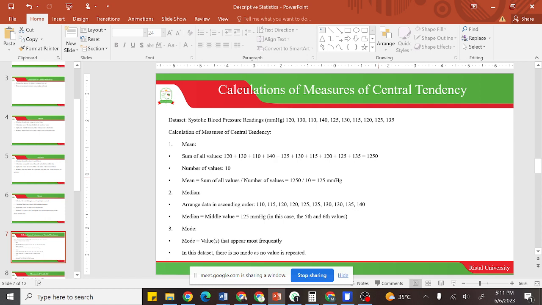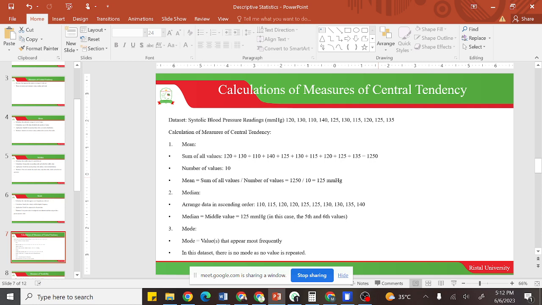With that data set, you can calculate the mean, which is the sum of the different systolic blood pressures divided by the number of readings taken. In this case, it is 10. So you divide the sum by 10, and you get 125 millimeters of mercury as your mean systolic blood pressure.